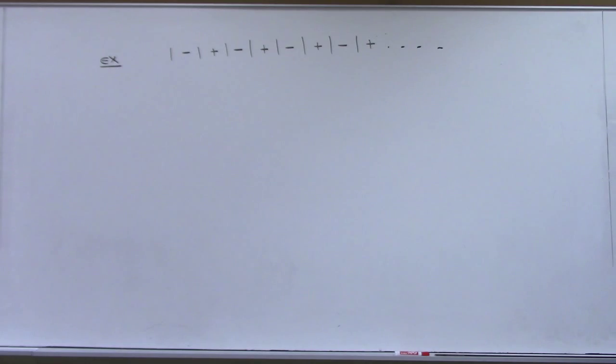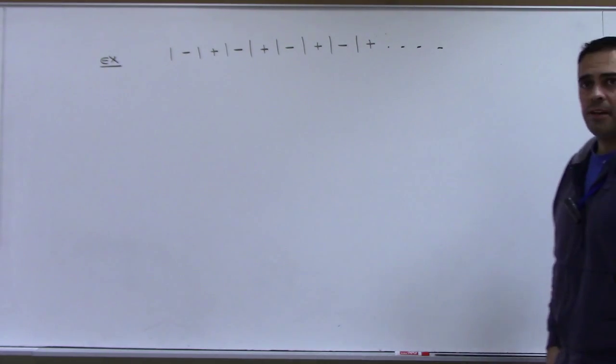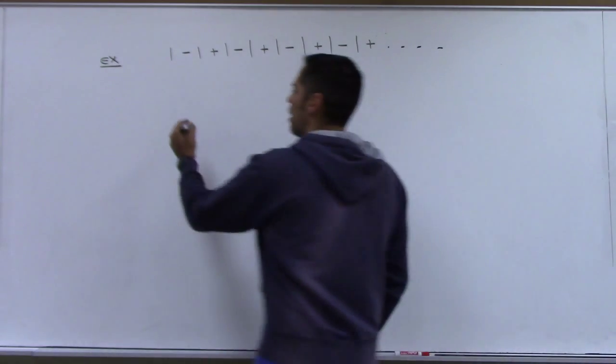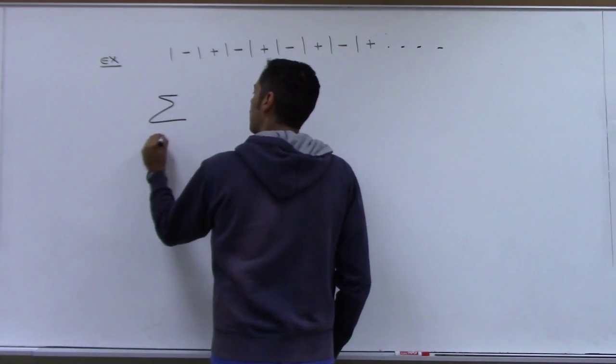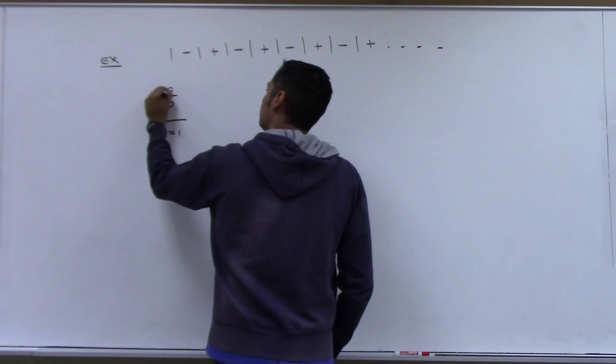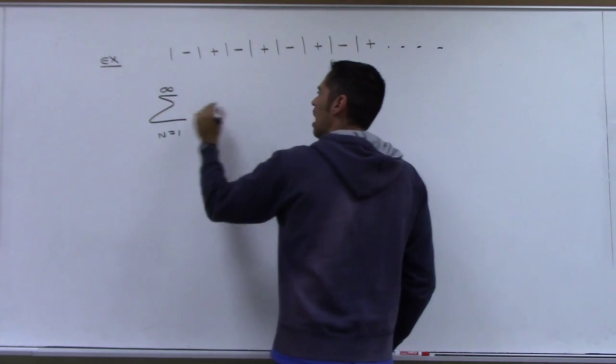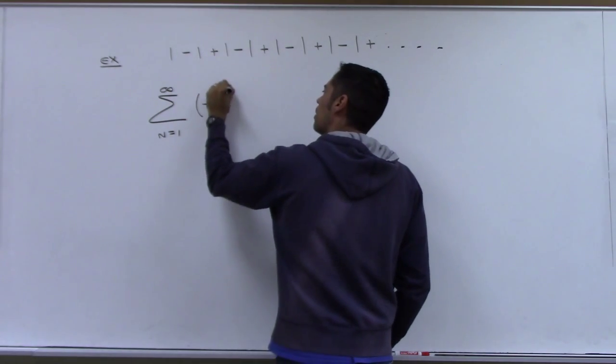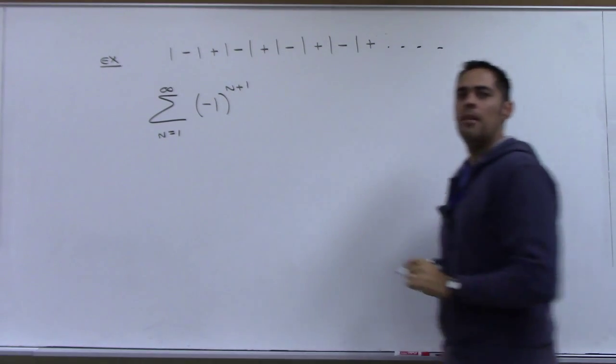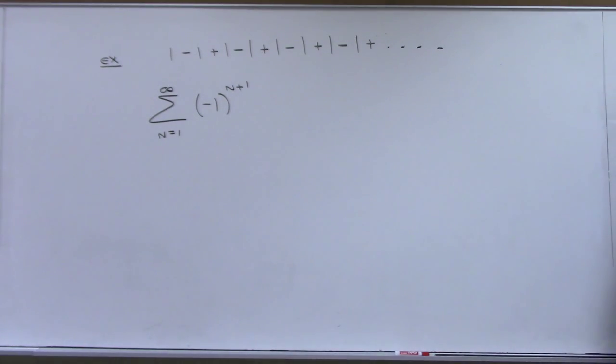What does that do? What type of series is that? It's an alternating series. Can you write it in sigma notation? Well, make it switch signs first. How about negative 1 to the n plus 1? Yeah? And then what would be the thing next to it?